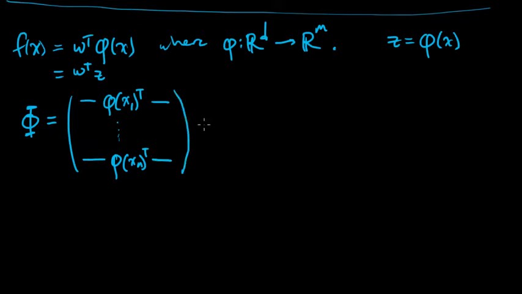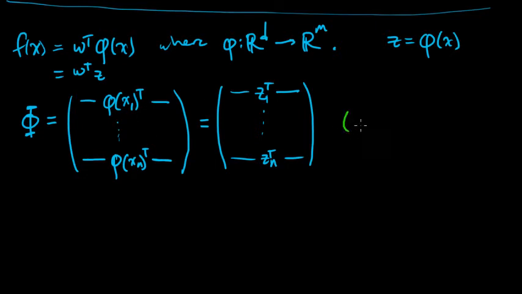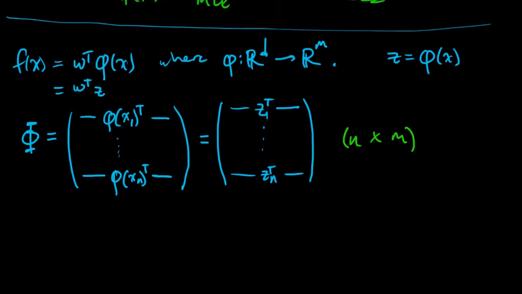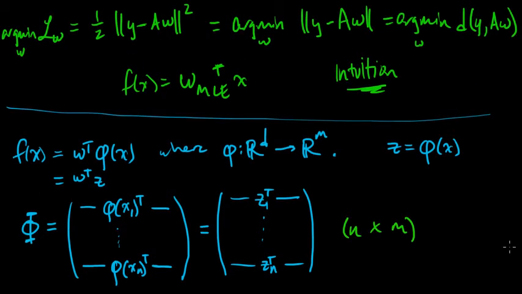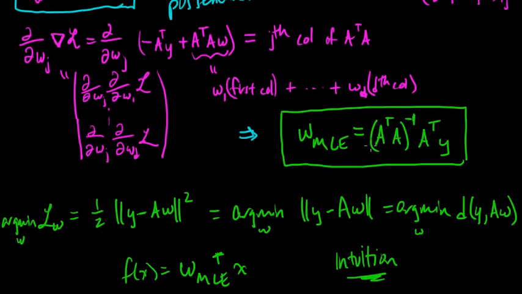It's just z1 transpose to zn transpose, and it's n by m, so the dimension could be changing. As I observed, we can just replace the x's by z's, so the A matrix just gets replaced by the phi matrix, and that's our new design matrix.